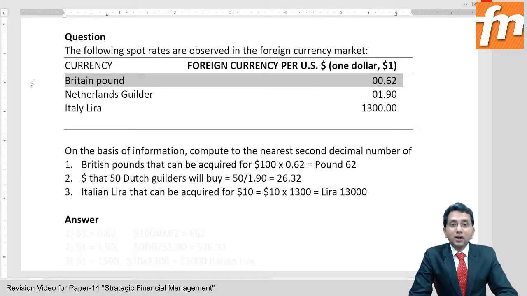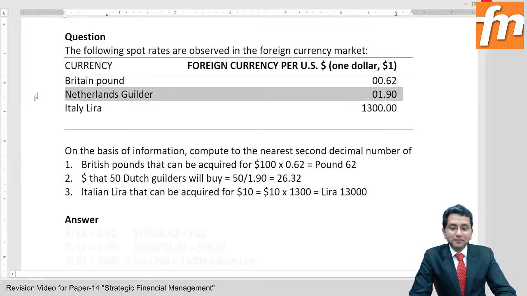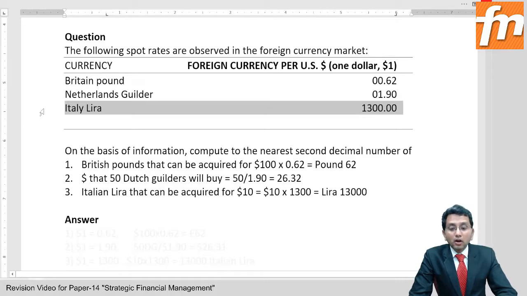It means $1 is equal to 0.62 pounds. $1 is equal to 1.90 Netherlands guilders, Dutch guilders. $1 is equal to 1300 Italian lira.